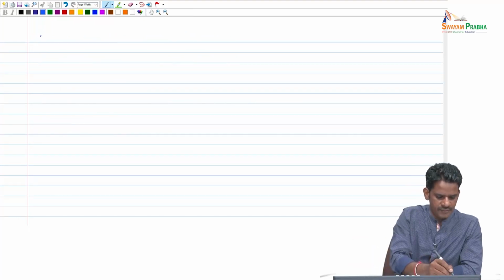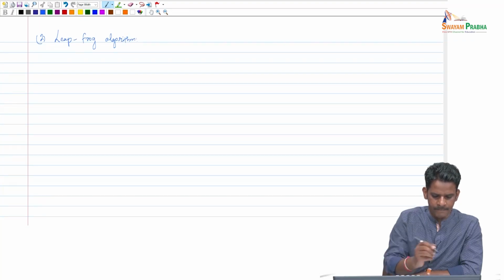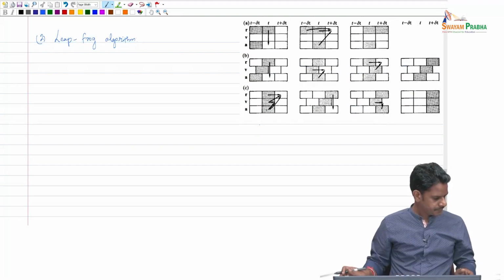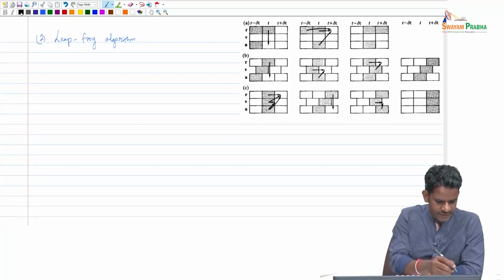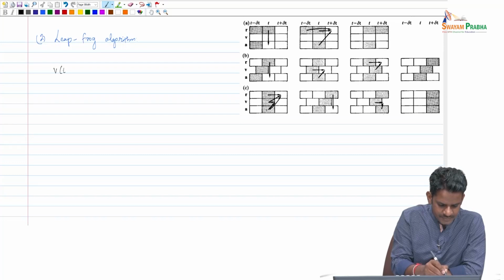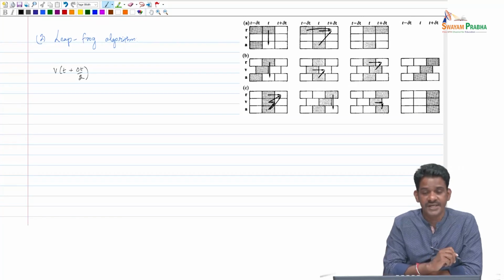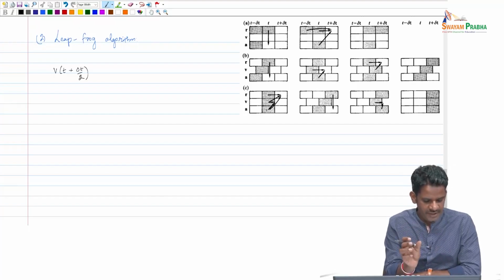So, the next algorithm we will talk about is what is called the leapfrog algorithm. So, first we try to update velocity at a half step. So, delta t is our time step, but we take a mid time step of t plus delta t by 2.